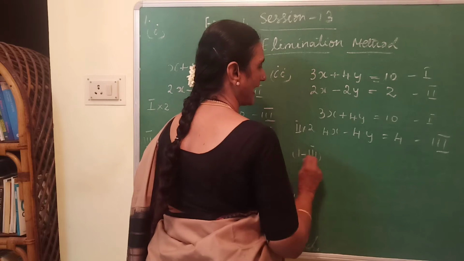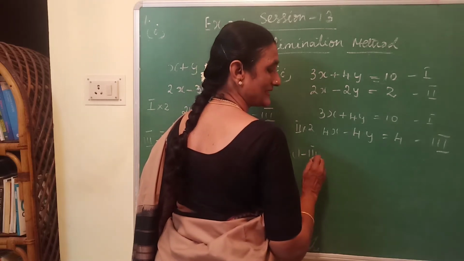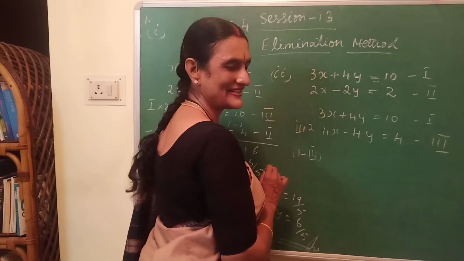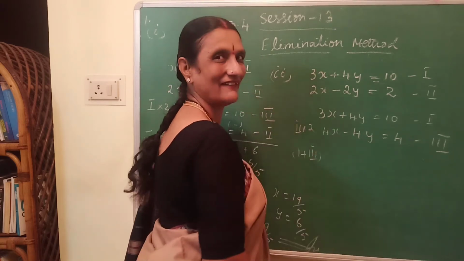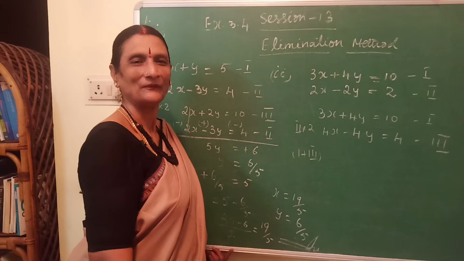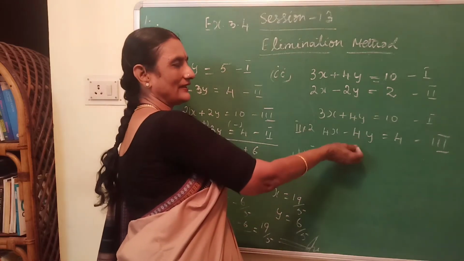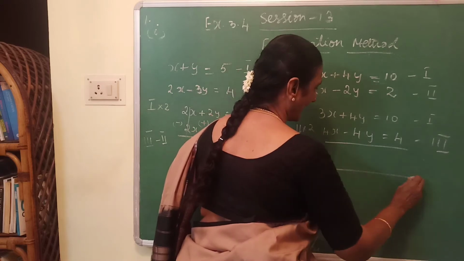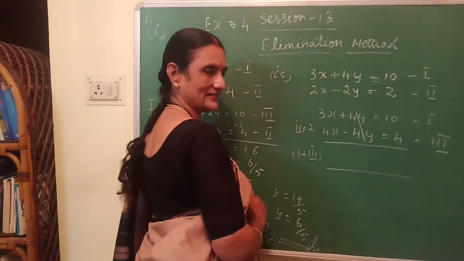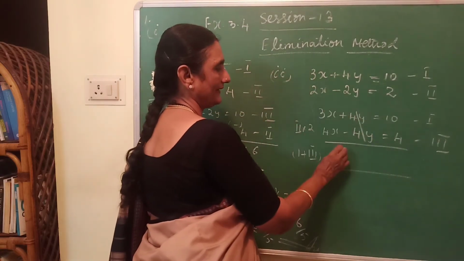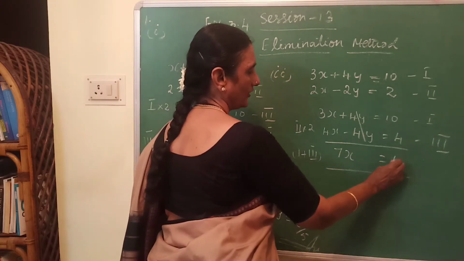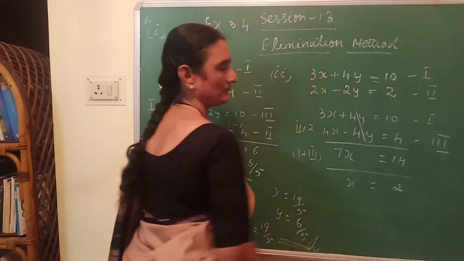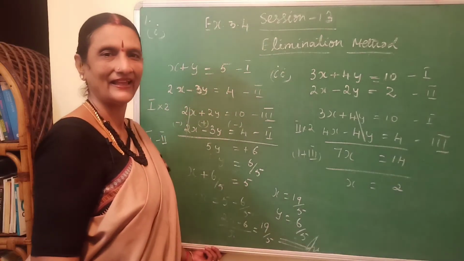Let us see what will happen. 1 minus or plus? Someone is saying plus, someone is saying minus. It is plus. I have to do 1 plus 3, because they both are already in opposite signs. So if I add, this term will get cancelled, and here we get 7x equal to 14. So x is equal to 2. Are you understanding? x equals 2.